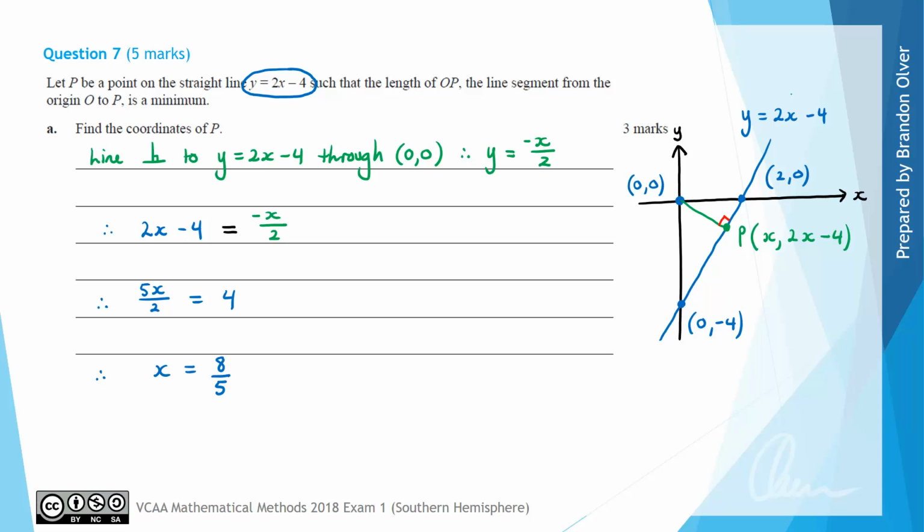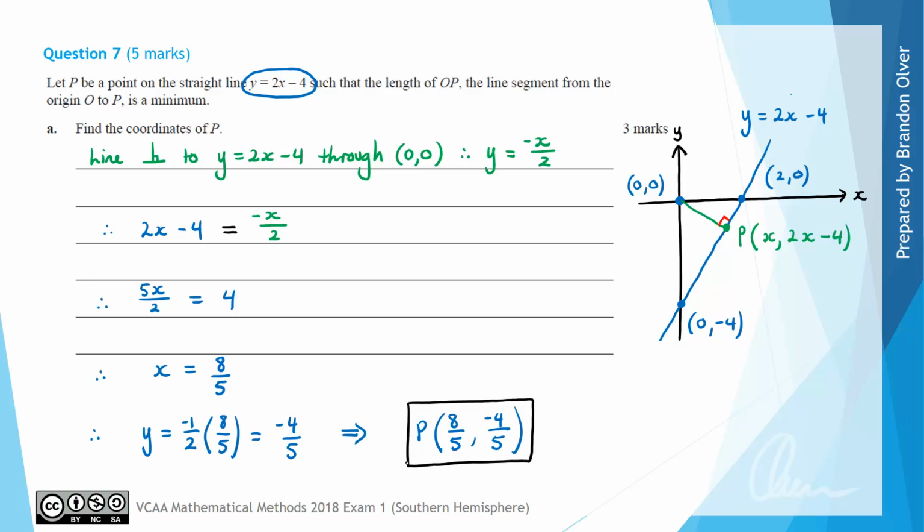Now that we have x, we find y: y is equal to -1/2 times x, where x is 8 on 5, so y is -4 on 5. Overall, the coordinates of the point P are x is 8 on 5 and y is -4 on 5. That is the answer to part A of this question.